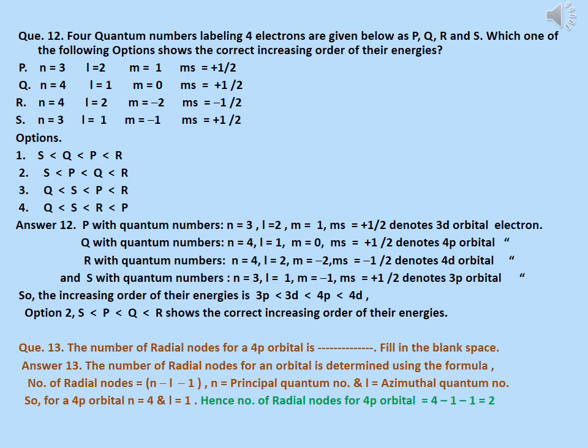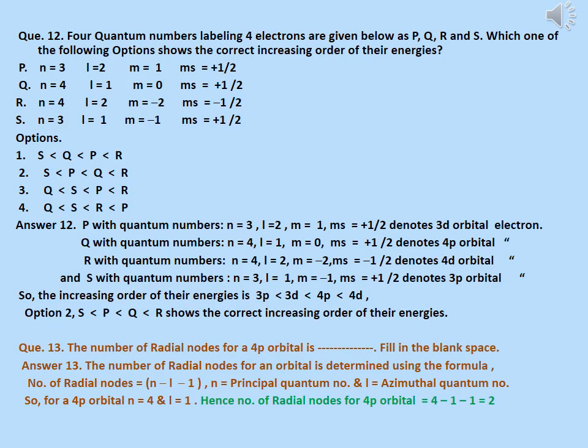The electrons are P, Q, R, and S. These are designated by N, principal quantum number; L, azimuthal quantum number; M, magnetic quantum number; and MS, spin quantum number. So there are four electrons labeled by four quantum numbers. We need to choose from the options given the correct increasing order of their energies.